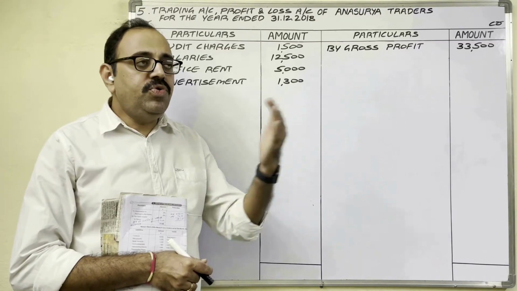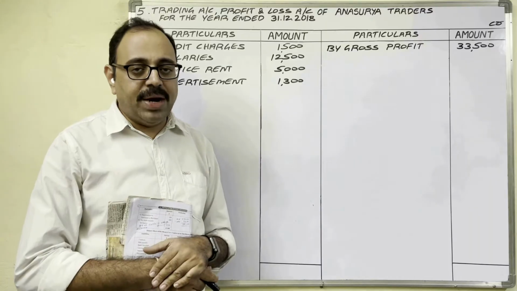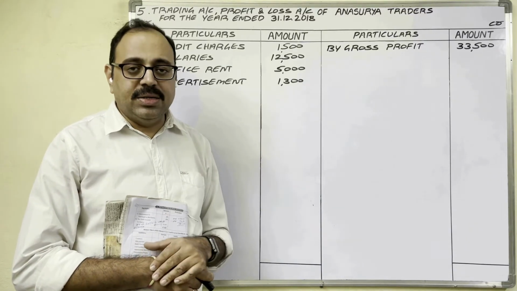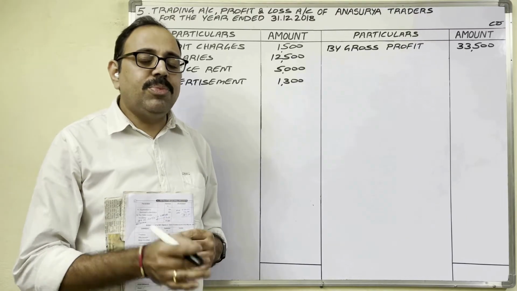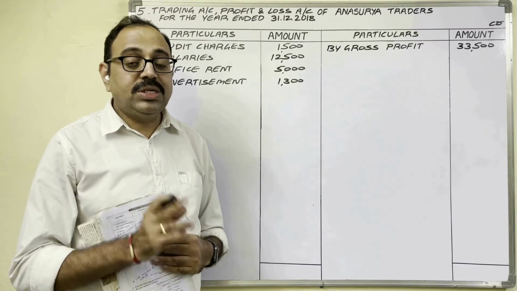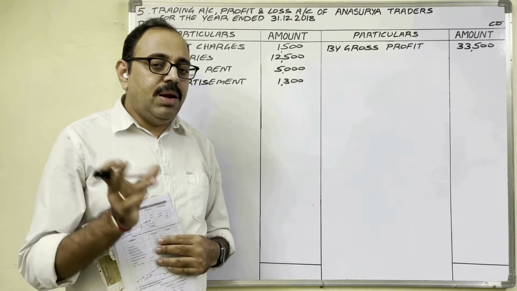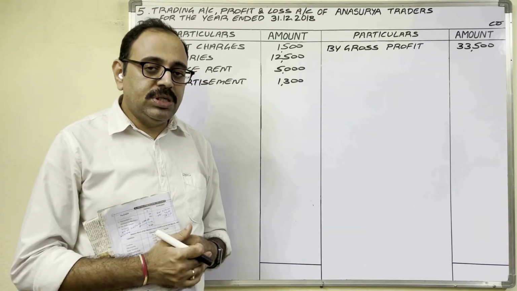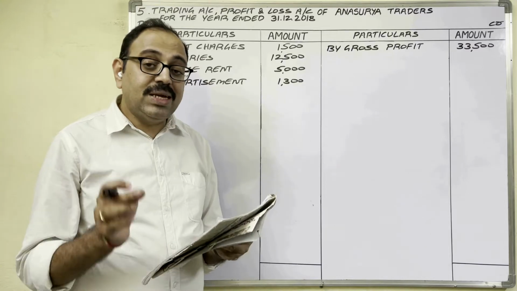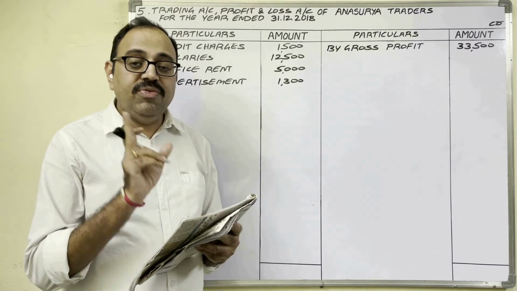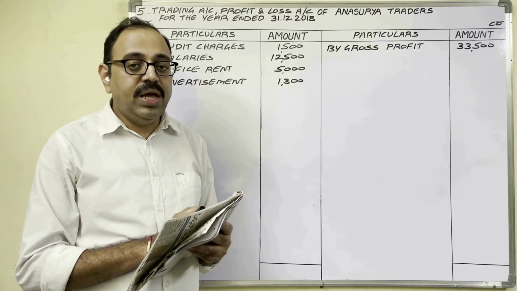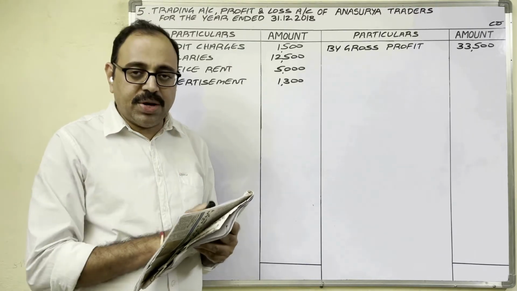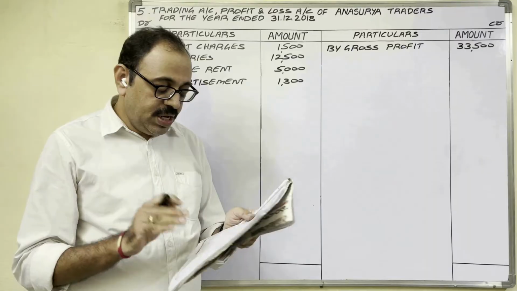In future we have to receive benefit from landlord. It is an asset. So don't show this amount 2 times. Trial balance amounts we have to write only 1 time, adjustment amounts 2 times. Rent paid in advance is given in the trial balance, so only 1 time we have to show this, under asset side of balance sheet, not in P&L account. So simply ignore this amount here.